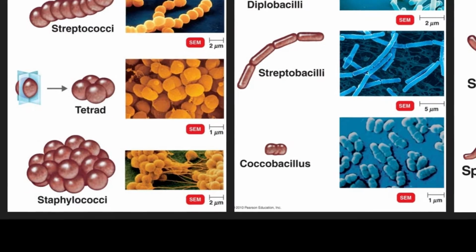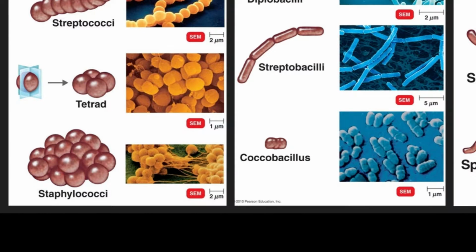Now, that sort of arrangement exists when a cell undergoes binary fission on a single plane of division, and that's the only kind of division that bacilli can undergo. So these are the only possibilities for bacilli. The cocci, on the other hand, because they are radially symmetrical, can undergo division on more than one plane.